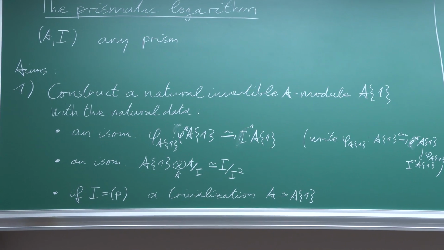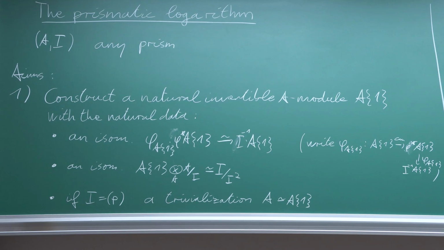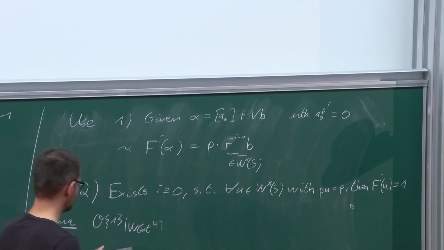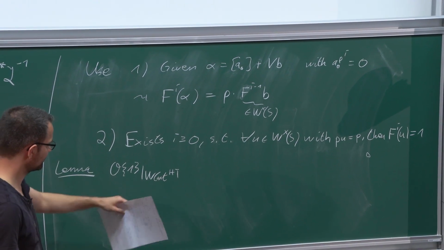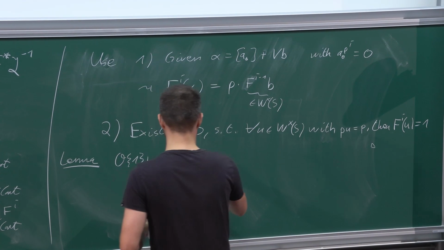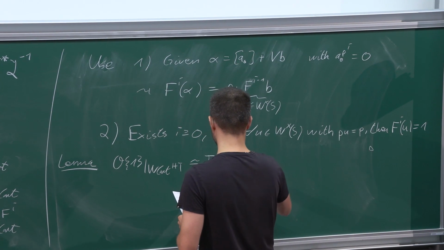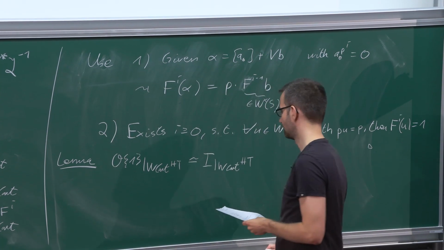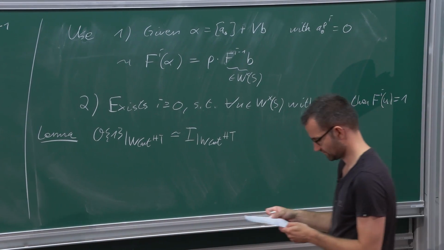So if I restrict this Breuil-Kisin line bundle on W card to the Hodge-Tate locus, then that's canonically isomorphic to the ideal sheaf restricted to the Hodge-Tate locus.